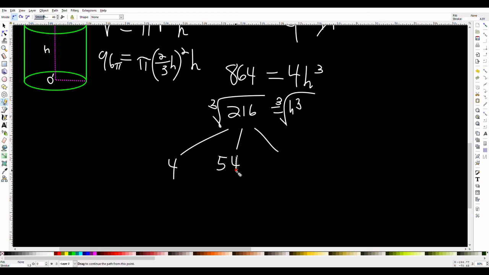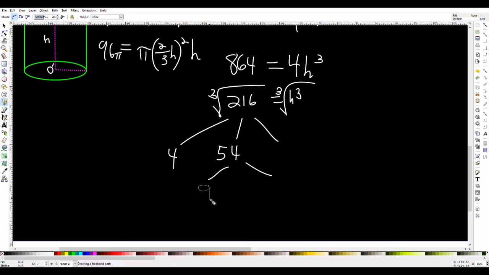54. Now let's divide our 54 up. Well, that's 9 and 6. We can divide our 9 up, 3, 3.